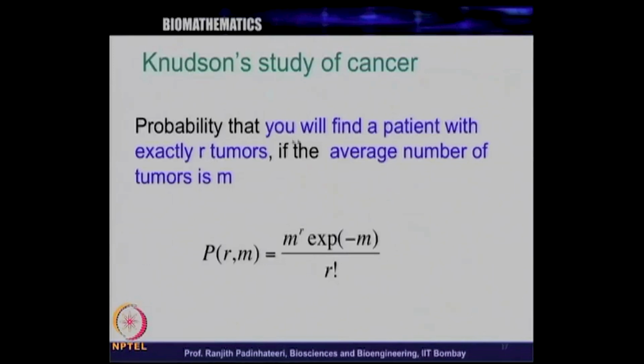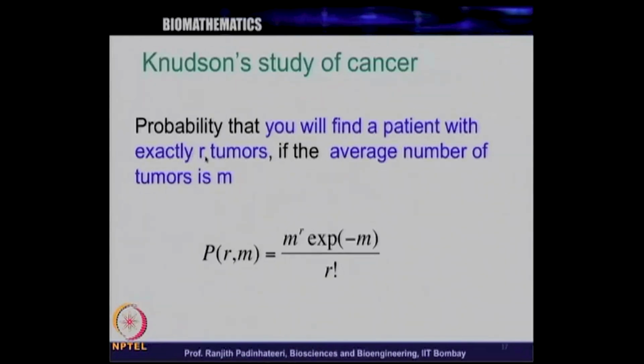The probability that you will find a patient with exactly r tumors, if the average number of tumors is m, that is what we discussed so far, P of r comma m, which is m power r e power minus m by r factorial. But what Knudson wanted is not exactly r tumors, he wants at least one tumor.